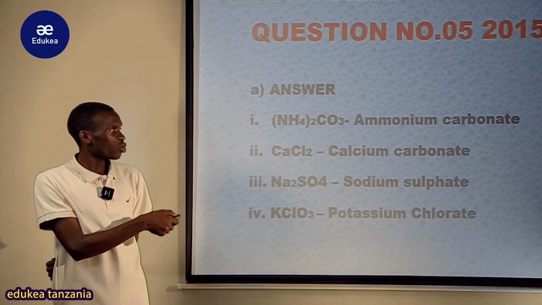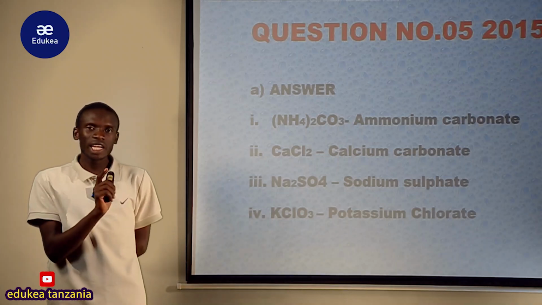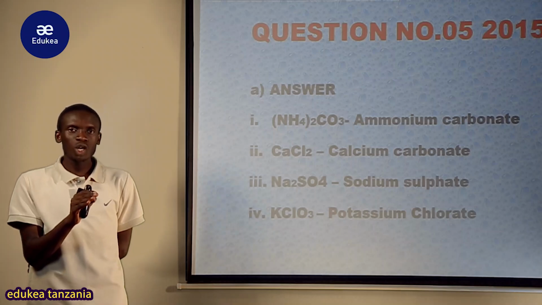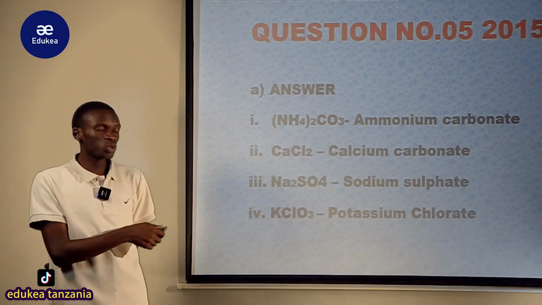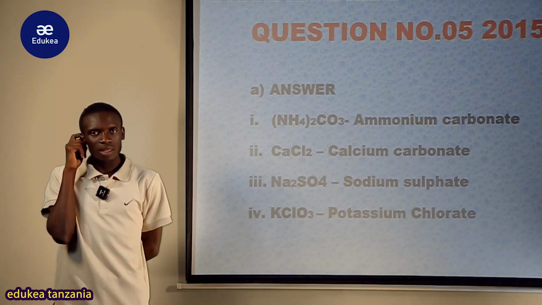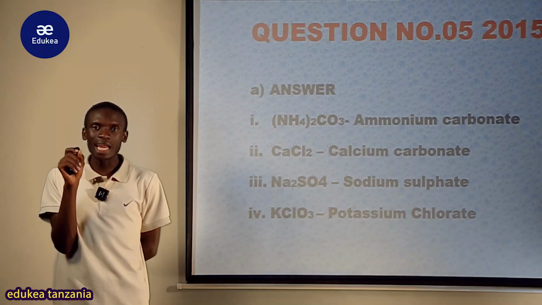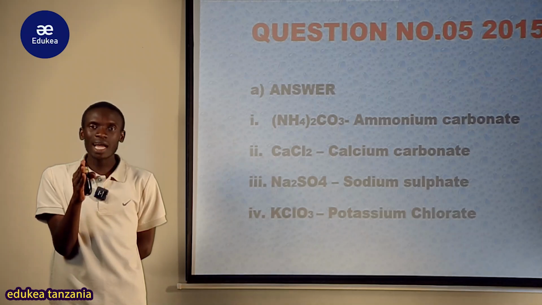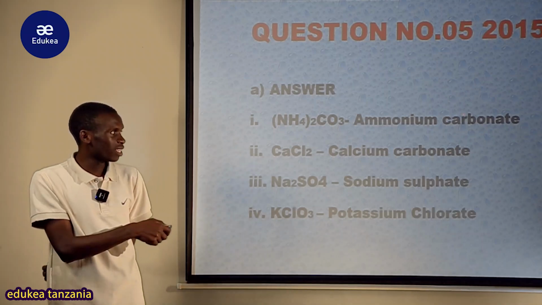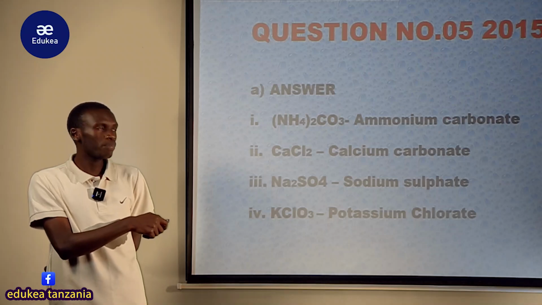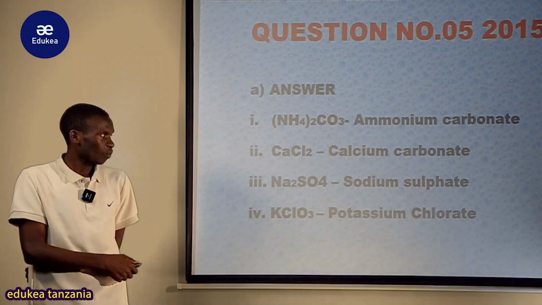If you join as a single word, it will be a long name, so you have to leave the space between the cation and the anion. Don't combine the name of the cation and the anion. So the cation should be written separately and the anion written separately. So this is the correct name, ammonium carbonate.